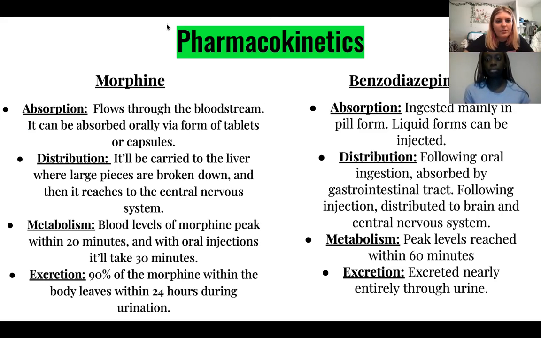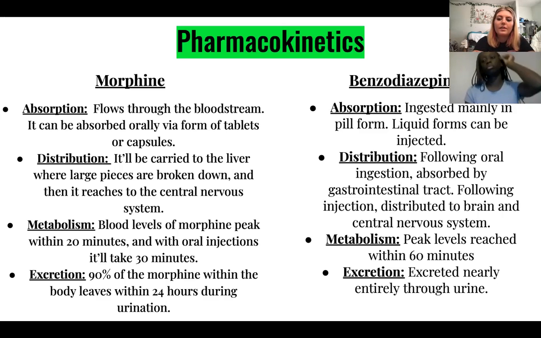And then for the benzodiazepines, similar to morphine, it can be ingested orally with pills, which I mentioned on the previous slide. But a liquid form of it can be produced and injected, but that's not as common.